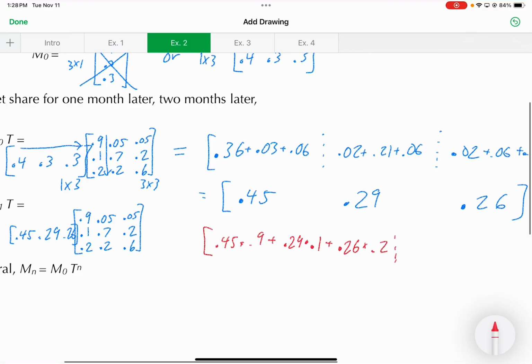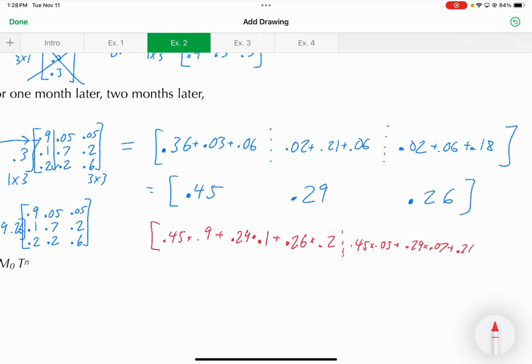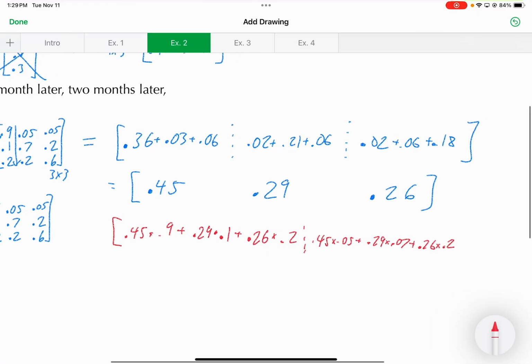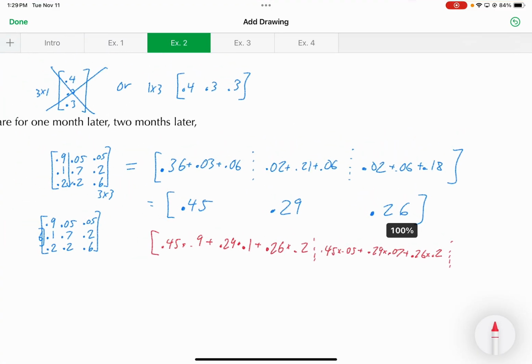Somebody who wants to be a calculator warrior, great. If not, I think I do have the solution. And then if I do my next entries, I would do the same values, just multiplied by my second column. So 0.45 times 0.05 plus 0.29 times 0.07 plus 0.26 times 0.2. All those values.